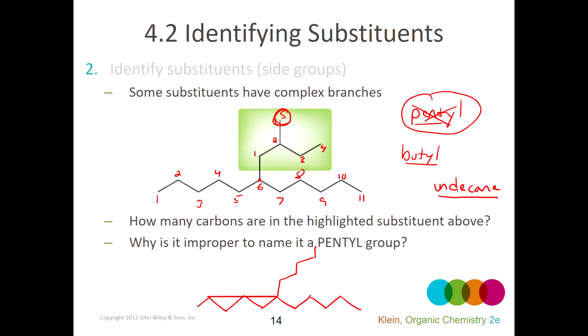So if I put butyl undecane, it'll look like this. So there's my undecane. If I put the butyl group on there, it would be 1, 2, 3, 4. So that would be butyl undecane.